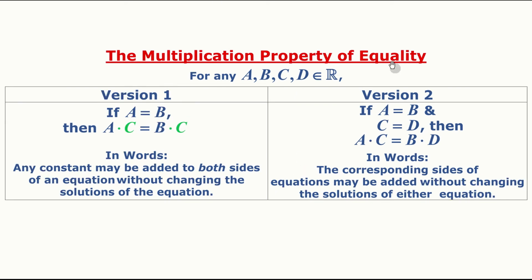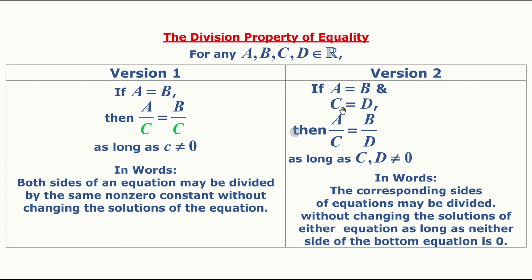The multiplication property of equality is very similar. So that if you have an equation like a equals b, it's okay to go ahead and multiply both sides by number c, and that's one version. The other version is that if you have one equation, a equals b, another c equals d, it's okay to go ahead and multiply the equations. The division property basically says a very similar thing.